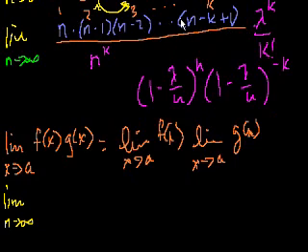We're multiplying a bunch of binomials, and we're doing it k times. So the largest degree term is going to be n to the k, right? It's going to be n to the k plus something times n to the k minus 1. It's going to be this big kth degree polynomial. And that's really all we need to know for this derivation. So it's going to be n to the k plus a bunch of other stuff.